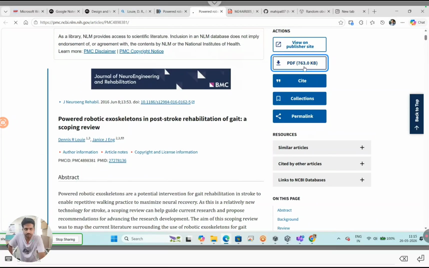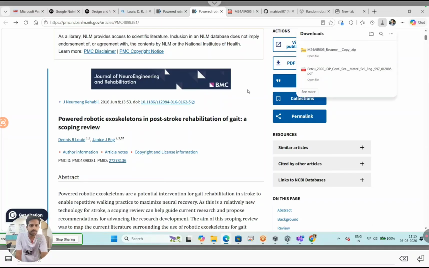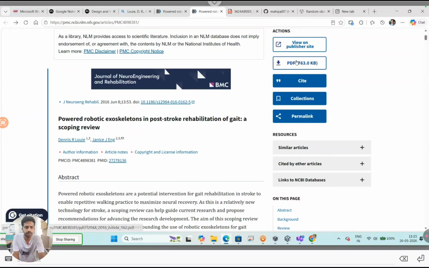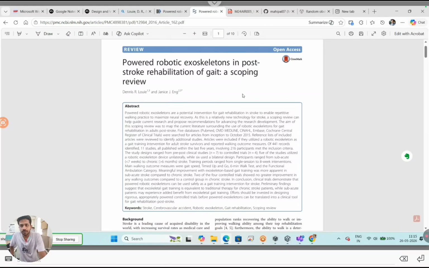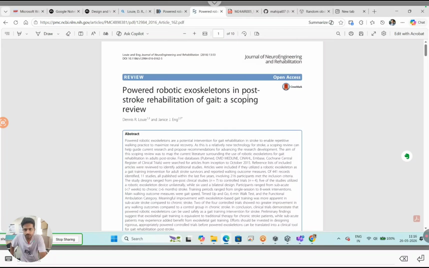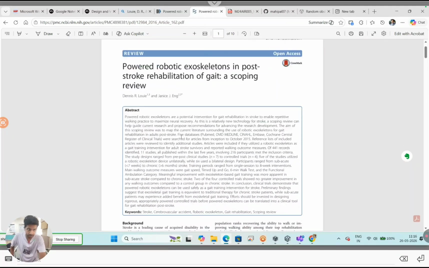Okay, this is the PDF, I think. Is it downloaded or not downloaded? Press Control J. It's not downloaded yet. Okay, download it again. The powered robotic exoskeleton in the post-stroke rehabilitation of gait scoping review. Okay, so this is the paper that I'm going to study today.